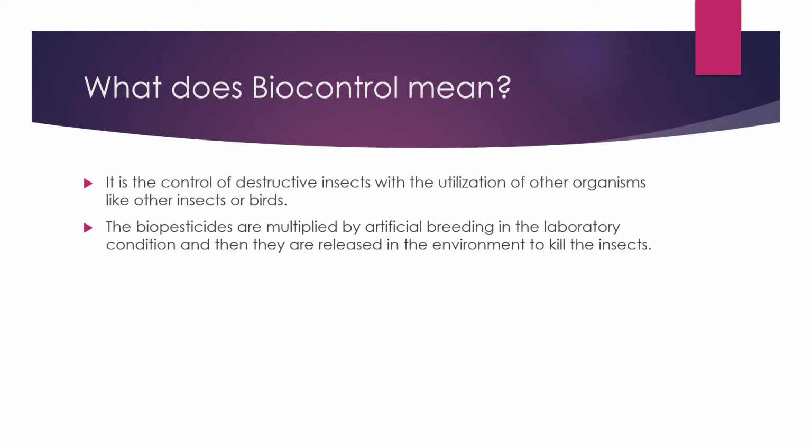It may be insects or birds. These biocontrol agents are multiplied by artificial breeding in laboratory conditions, and then they are released in the environment to kill the insects. This is the mode of action.